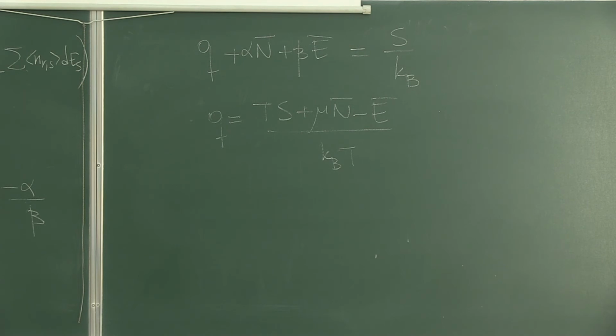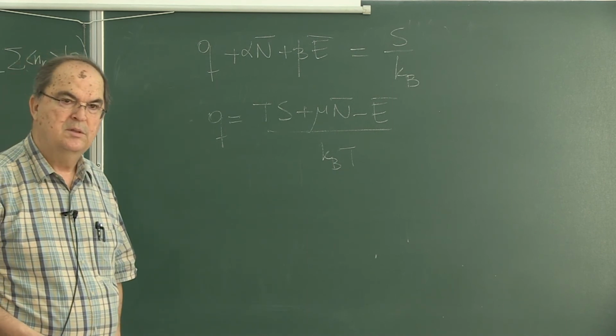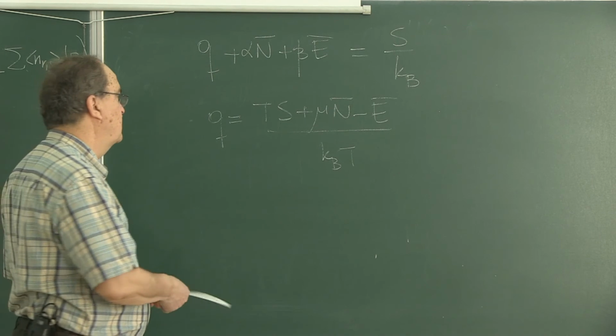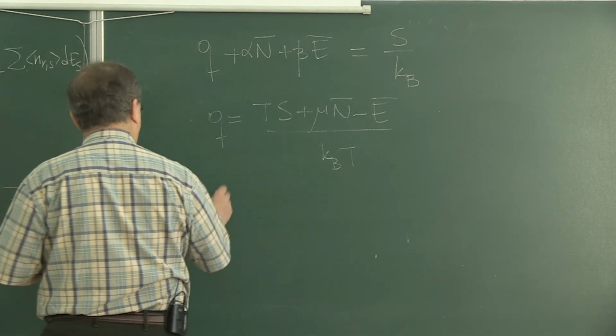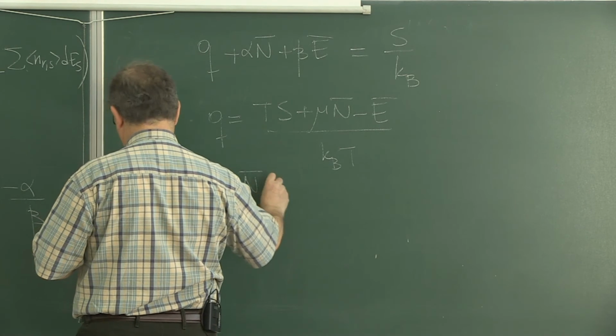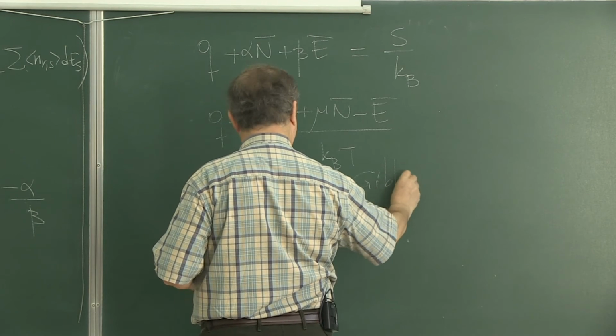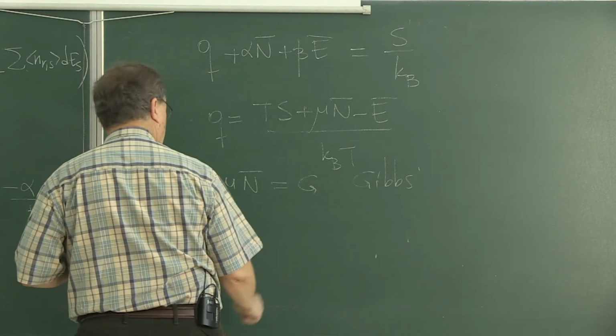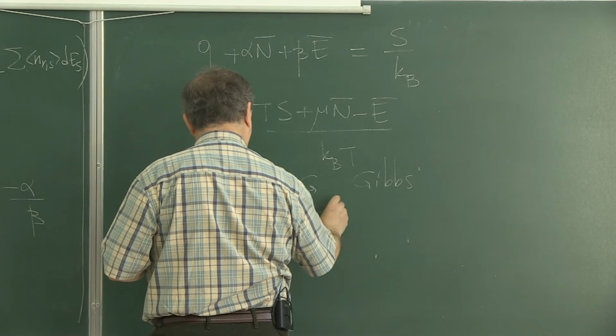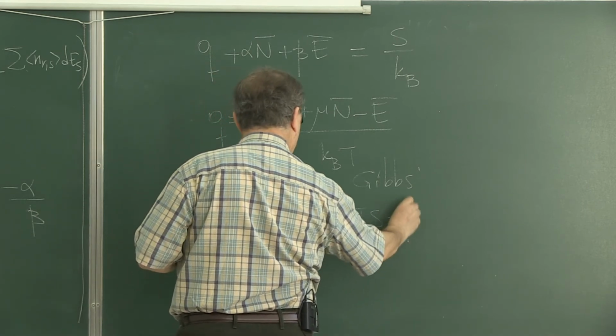Now, what is mu times n? Mu, chemical potential, and number of particles. Gibbs free energy, isn't it? Or mu is Gibbs free energy per particle, G over n. So mu n bar can be written as G, Gibbs free energy, which is nothing but E bar minus Ts plus PV.